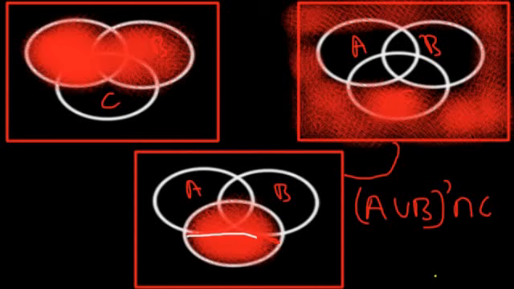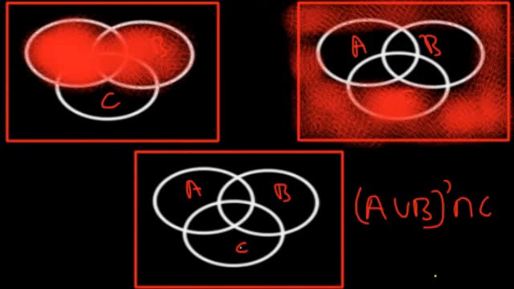So this little portion over here is being shaded in set C alone, and at the same time, the little portion over here is being shaded as well in A union B complement. Therefore, the region turns out to be the common space or region being shaded between both of them. So we have to shade the little space as A union B prime intersection C. This is where we have to shade.